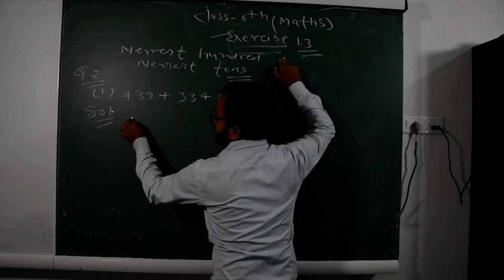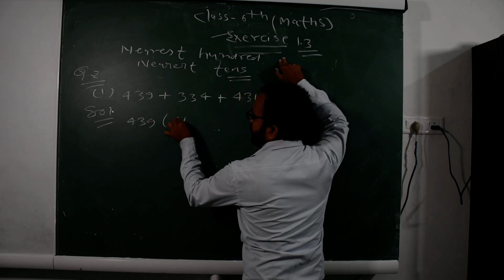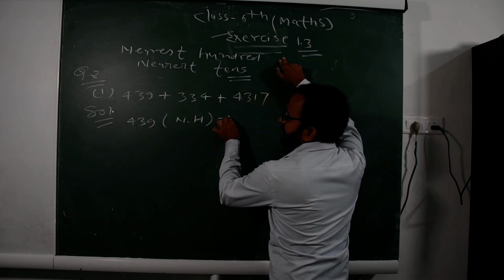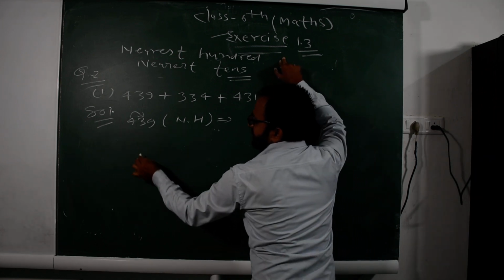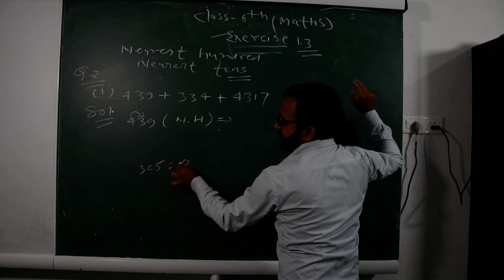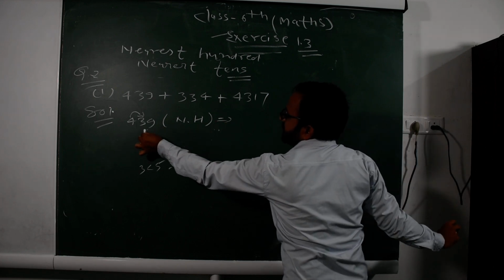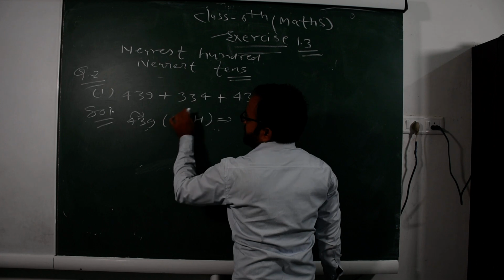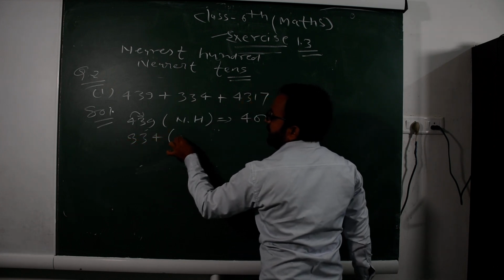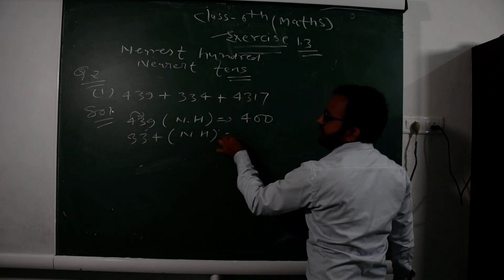For 439, the digit is 3, which is less than 5, so we consider it as 0. That means we put the 0 at this place. It means 400.